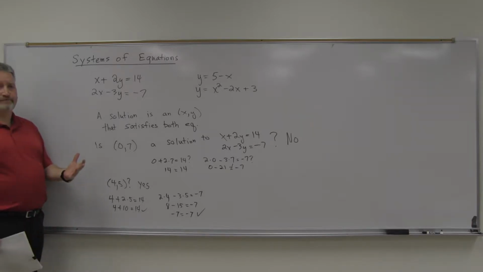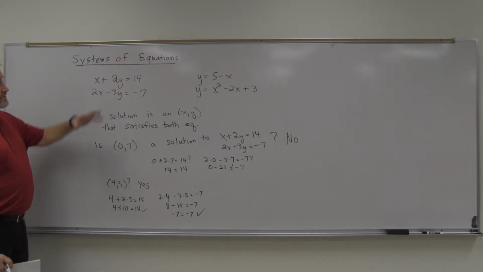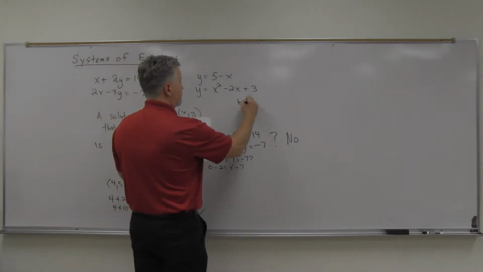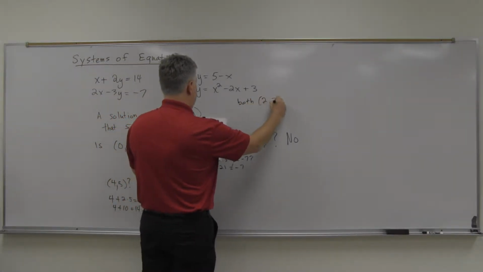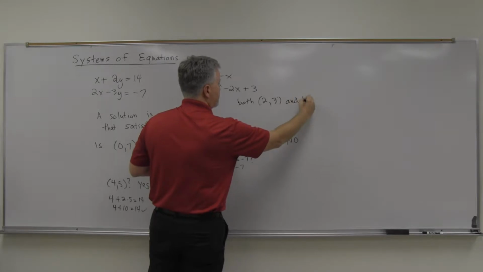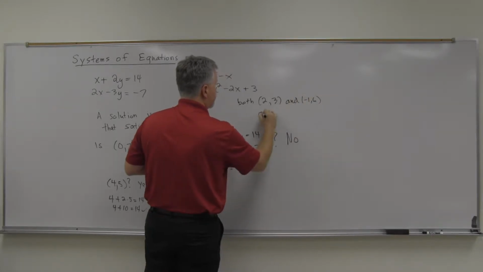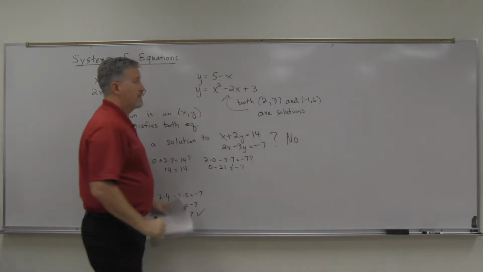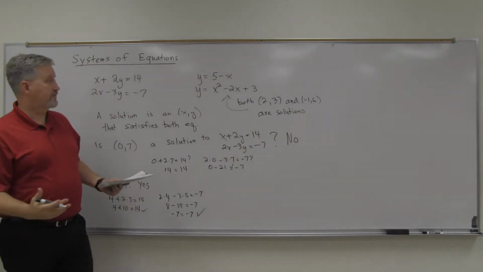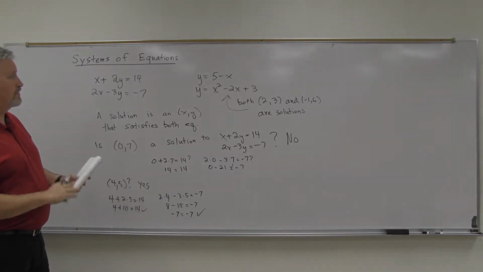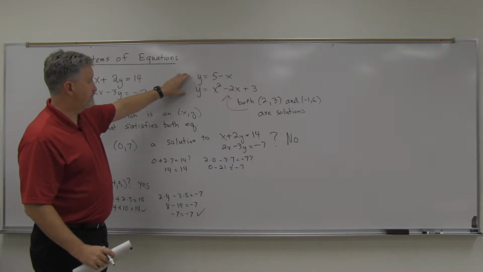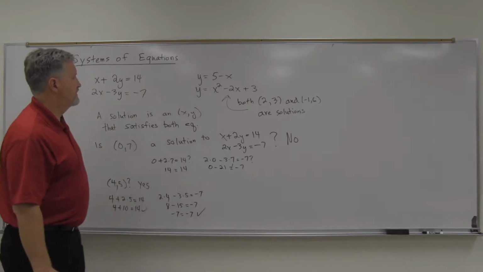It works in both. Now I'll just mention on this second one I have here, both (2, 3) and (negative 1, 6) are solutions. So it doesn't necessarily have just one solution. There can be more than one. (2, 3) and (negative 1, 6) both work in that system right there. They work in both equations.